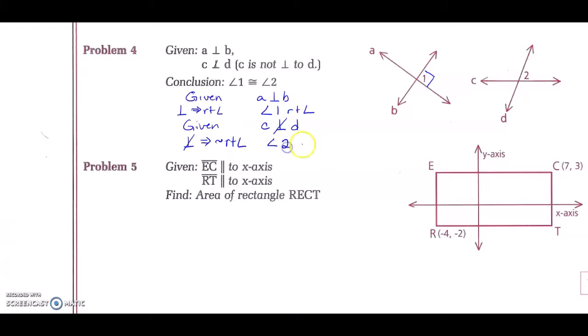So angle 2 is not a right angle. So angle 1 is not congruent to angle 2. This cannot be proven. You're not going to end up with something like that in your homework, but that's just an introduction to future work.